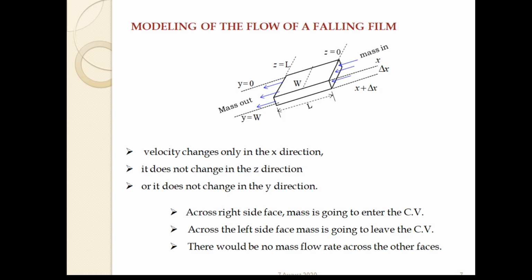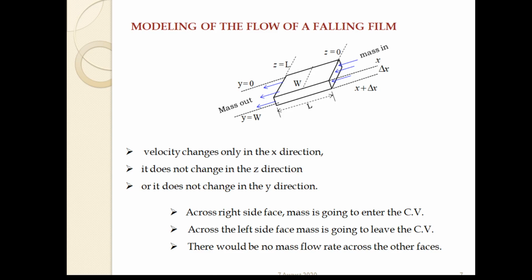There would be one face which is perpendicular to the flow, and another face which is also perpendicular to the flow. If this is my imaginary shell, then across the right side face mass is going to enter the control volume, and on the left side of that control volume the mass will be leaving.